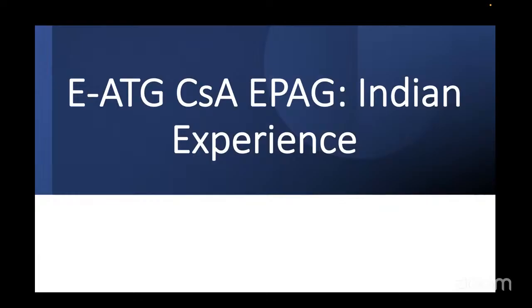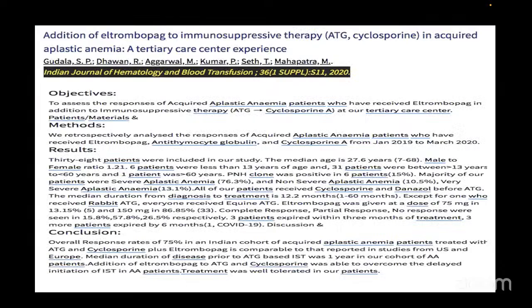So, EATG, CSA, EPAG: the Indian experience. Addition of eltrombopag to immunosuppressive therapy, that is horse ATG, cyclosporin and eltrombopag, which is a tertiary care center experience published in the Indian Journal of Hematology and Blood Transfusion.